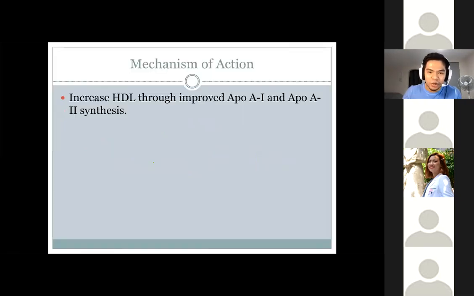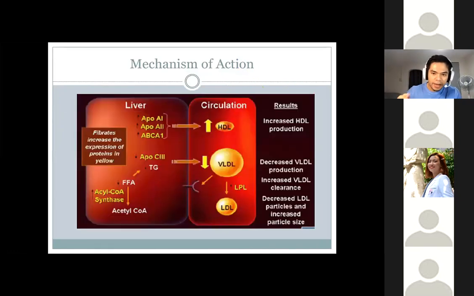So itong slide na to, nasabi ko na yan, ApoA1 and ApoA2. Okay? And then, mechanism of action, ito na rin yung summary. ApoA1, ApoA2, increase HDL. Nagets ba ako? Now, anong difference ng fibrates sa nicotinic acid kanina?